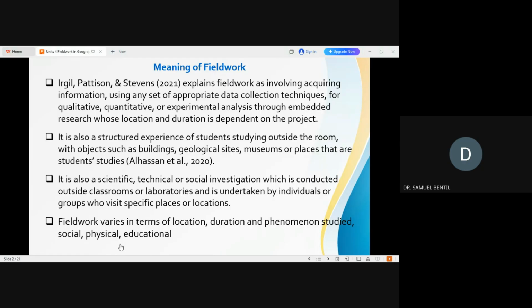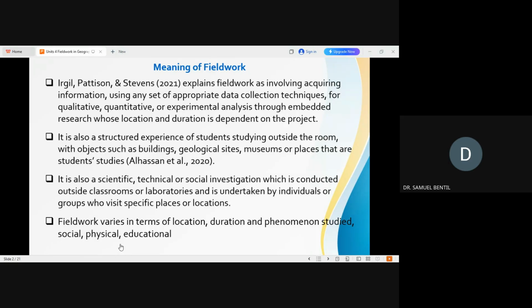Work. We can also say that it is a scientific, technical, or social investigation which is conducted outside classrooms or laboratories and is undertaken by individuals or groups who visit specific places or locations. Now, fieldwork varies in terms of the location, duration, and the phenomenon that you study.